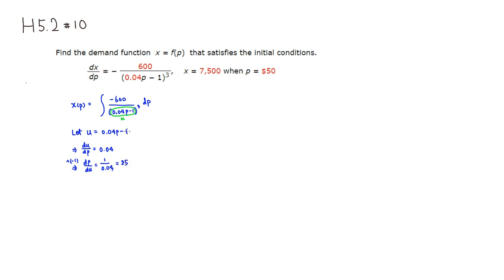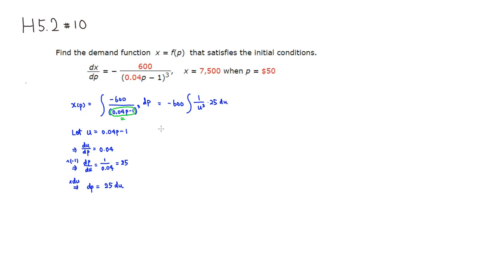Then we multiply through by du so that we have an expression for dp, which is 25 du. Negative 600 is just a number, so I'll kick it out. Then you have an integral of 1 over u cubed, and dp is now 25 du.